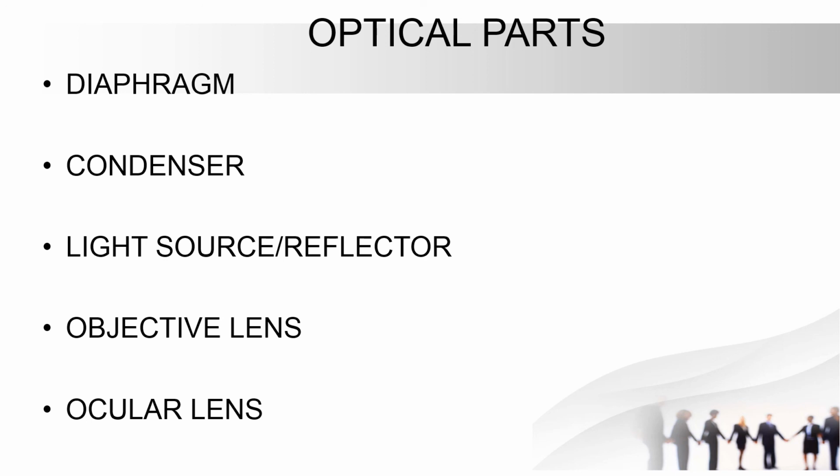I've made mention of the fact that there are two main parts of a compound microscope: the optical part and the non-optical part. The optical part is concerned with light, and the non-optical part is not concerned with light.